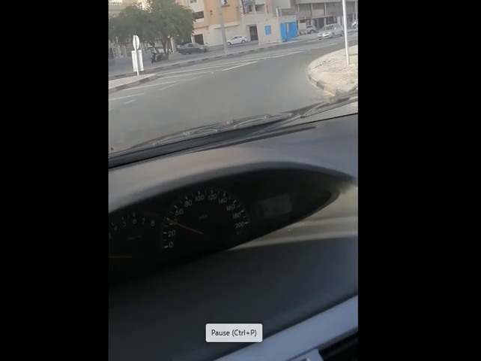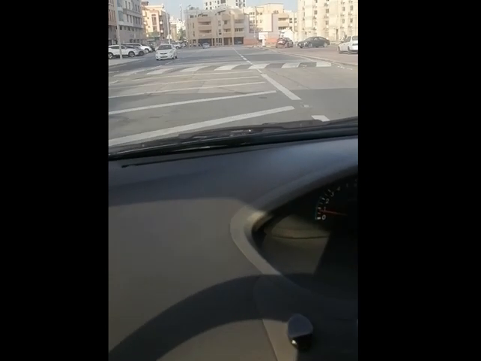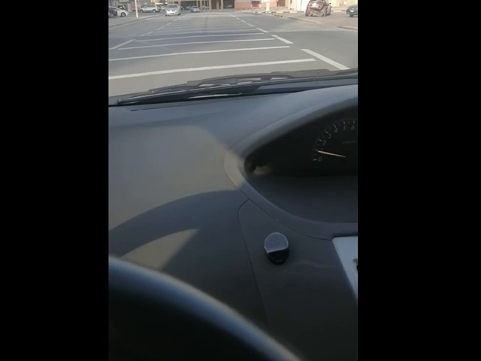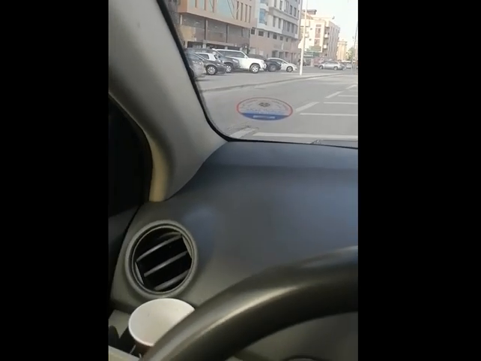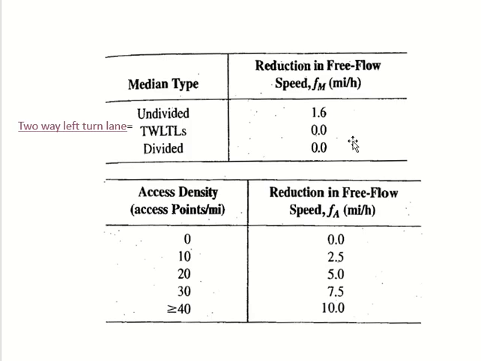You see this portion now. This is an extra lane. A person can stand here. There's a lane here and a lane on the other side. While you are standing, you are not blocking anyone. When you get the chance, you will take the left turn. Till that time, the traffic will continue. So this is called the two-way left turn lane.